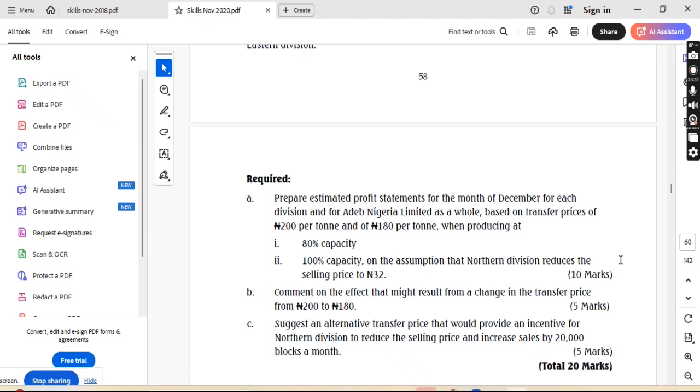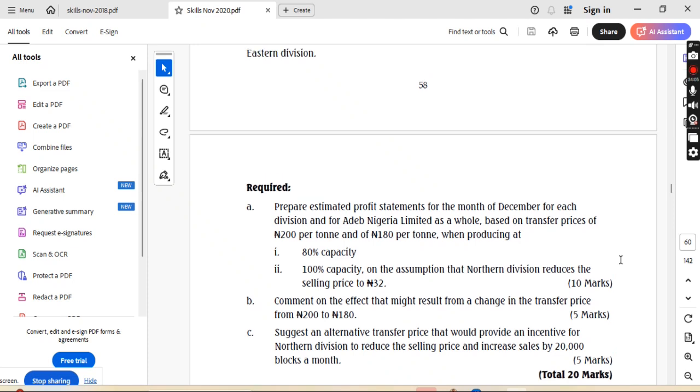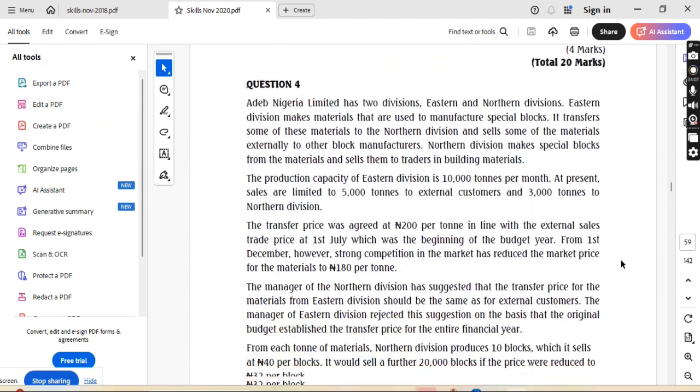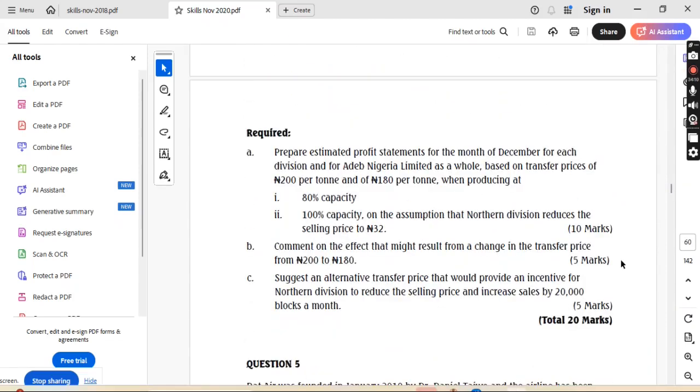Prepare an estimated profit statement for the month of December for each division and for ADEB, the group, based on the original transfer price from the beginning of the year, 200, and the 180 that the Northern Division is proposing to Eastern, which was rejected. There is an argument there.